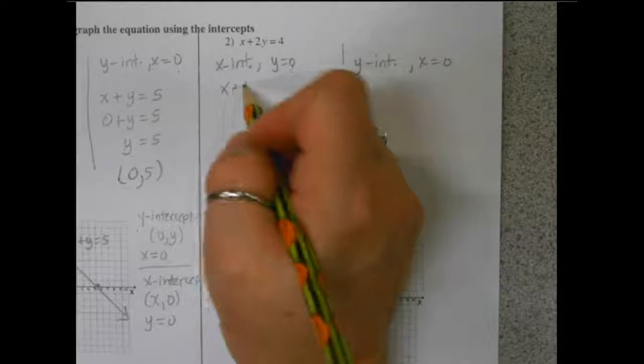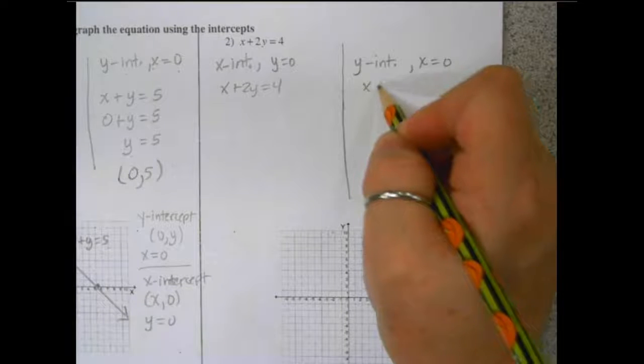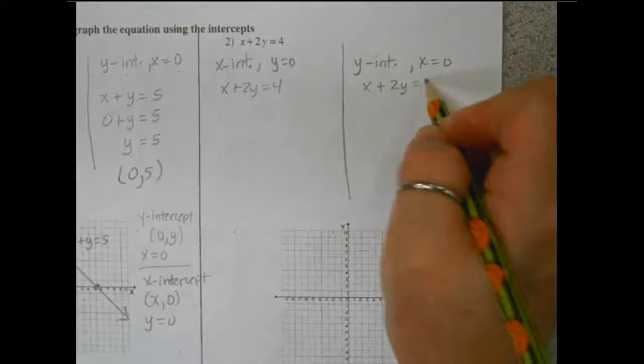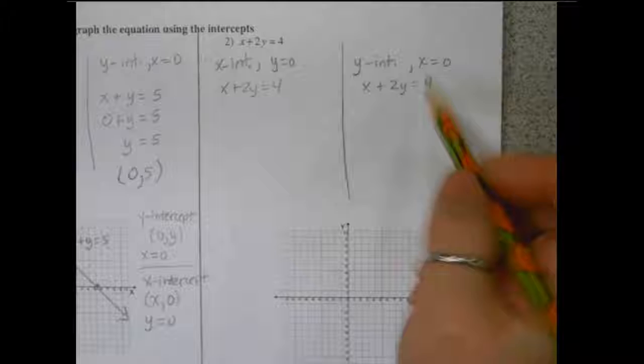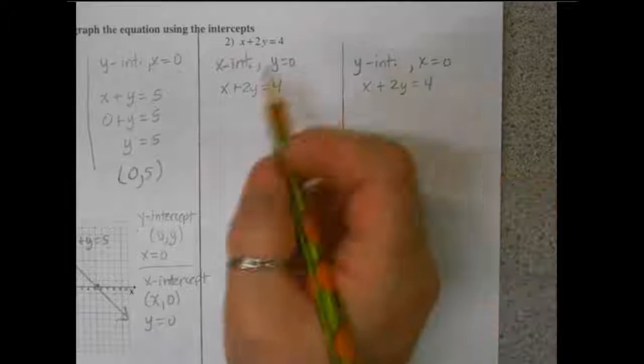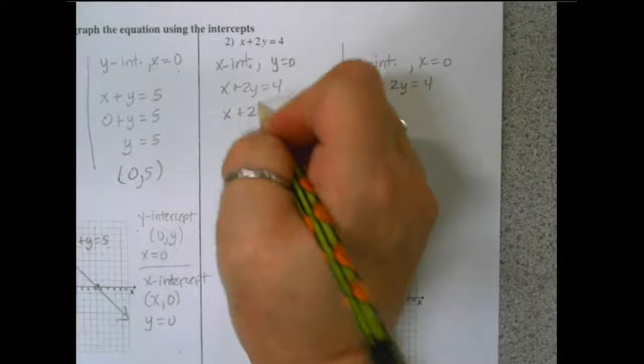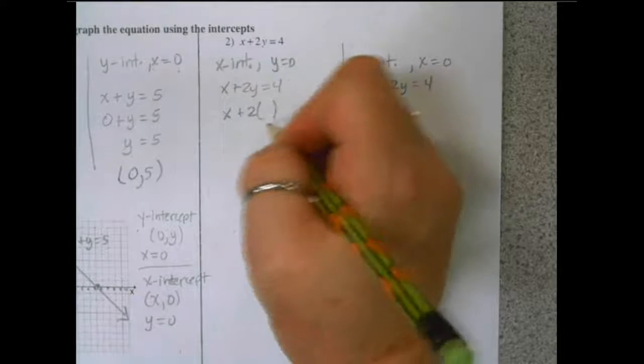All right? So I'm going to take my equation. I have x plus 2y equals 4. I'll rewrite it, x plus 2y equals 4. Make sure you rewrite it correctly. Don't leave off any negatives or numbers there. So here my y is going to be 0, so I'm going to do x plus 2. And when I substitute, I want to use parentheses.